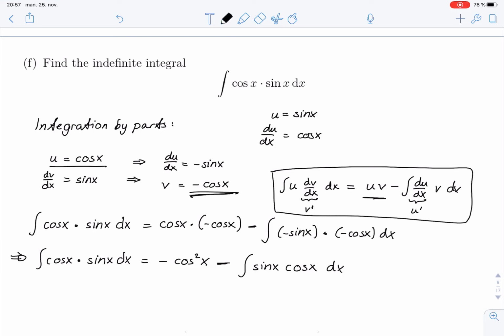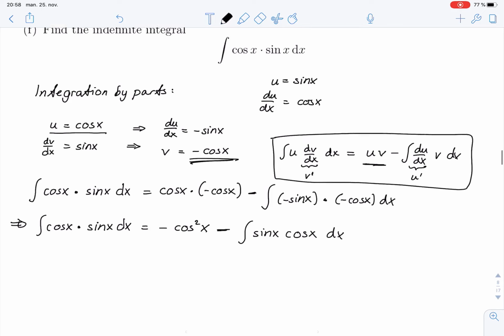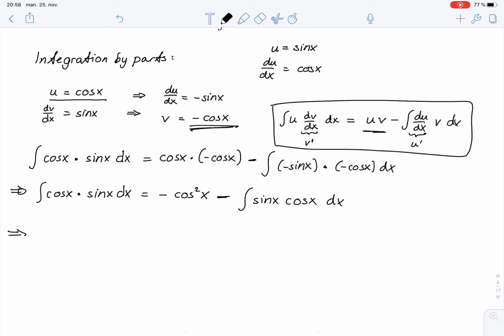So, at first glance, it seems like we didn't get anywhere, because this is exactly what we had started out with. It didn't make it any easier, except for one thing, that since these are equal, we could move this term to the other side, and we will then get 2 of these.